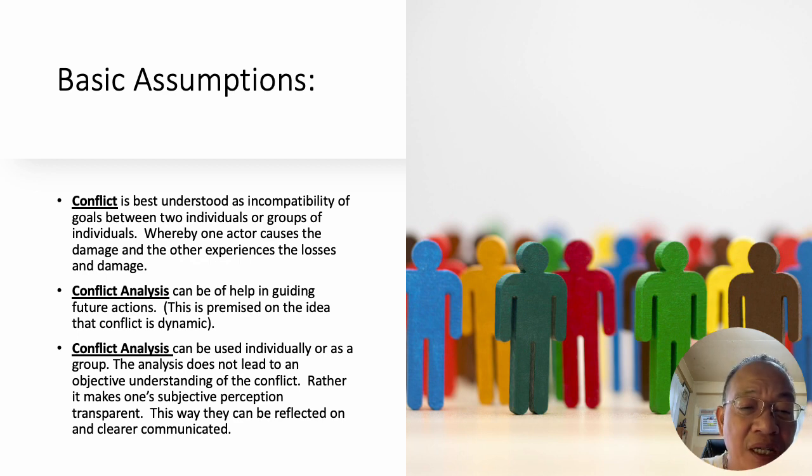Another is conflict analysis can be used individually or as a group. The analysis does not lead to an objective understanding of the conflict. Rather, it makes one's subjective perception transparent. This way, it can be reflected on and more clearly communicated. So these are some of the basic assumptions that we need to pay attention to.